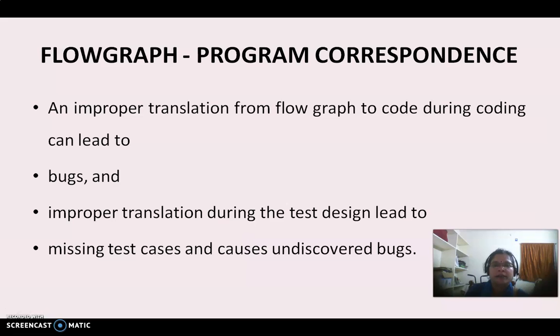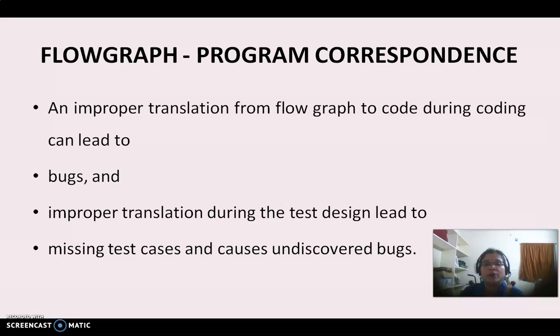And another case is improper translation. Whenever you do an improper translation of the flow graph, it leads to bugs, and sometimes to misleading or misdesigned test cases, misdesigned code, and undiscovered and hidden bugs also.